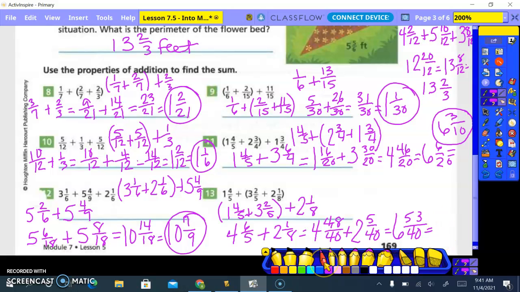So 7 and what? 13 40th. Is that simplified? Yep, because 13 is a prime number.